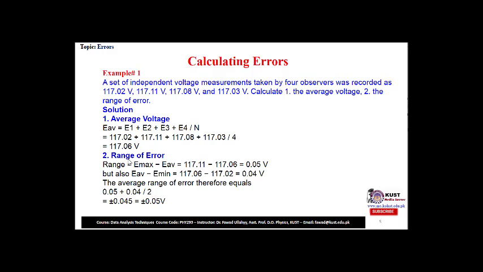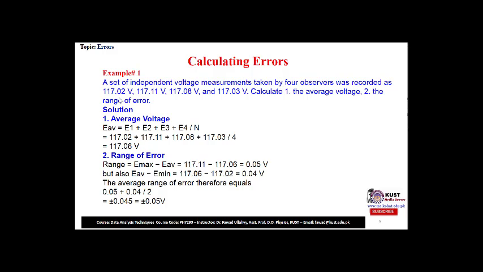Now the second one is the range of errors. The range is in fact the difference between the measured value and the average value.